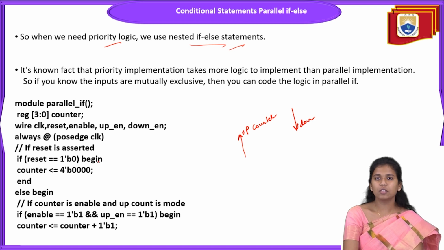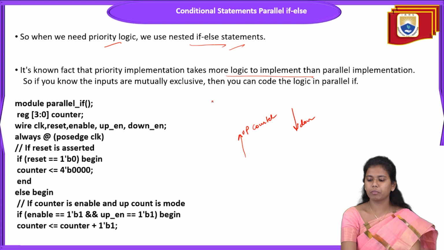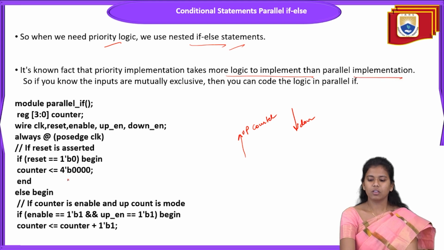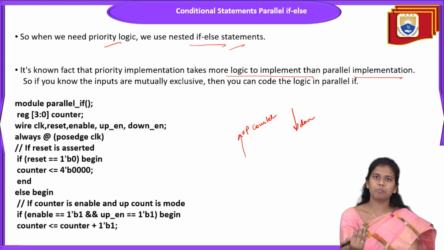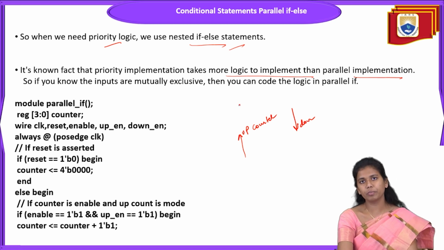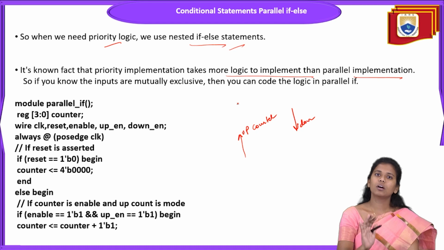And it is a known fact that priority implementation takes more logic to implement than the parallel implementation. So when you want to know the priority of the bits, whether it is up or down, always remember that more logic is needed compared to the parallel implementation.